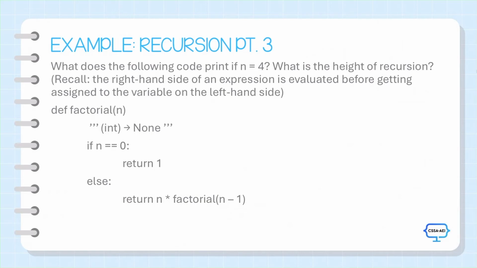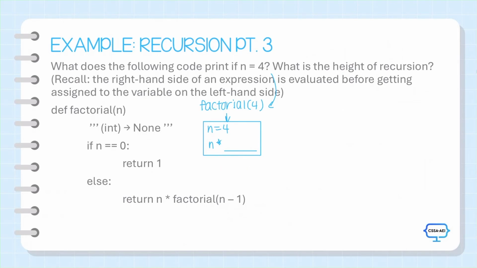So let's call factorial 4 from the main. We're going to have n equal to 4 right now, and we're going to return n times factorial of n minus 1. So we're going to have to wait for our recursive call to return so that we can figure out what this value is.